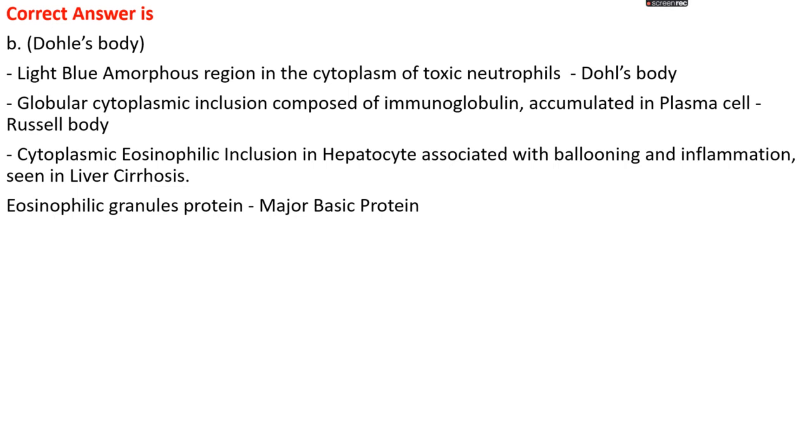Mallory body is a cytoplasmic eosinophilic inclusion present in hepatocytes, associated with ballooning and inflammation, mainly seen in liver cirrhosis. And eosinophil granule protein is known as major basic protein.